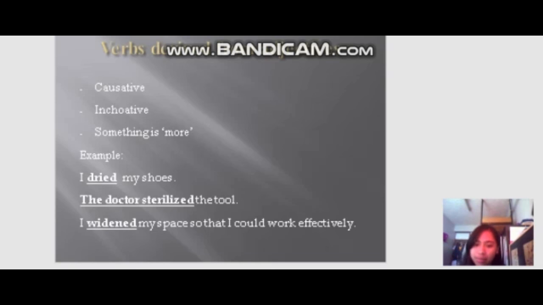The second example, for inquisitive: the doctor sterilized the tool. So the word sterilize is to sterile the tool, but not to make the tool become sterile.